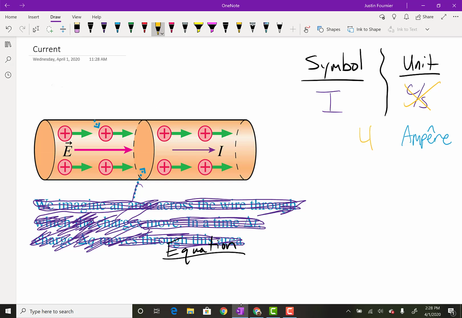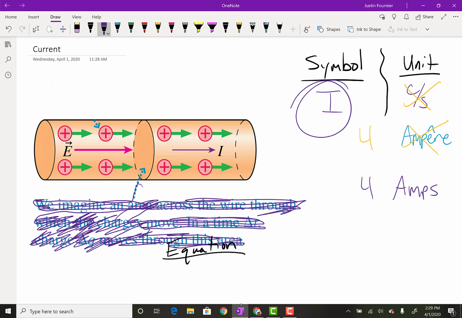So we say 4 ampere. Except, of course, nobody says ampere either because we've Americanized it since then. And we go, you know what? Instead of ampere, we're going to say amps. A-M-P-S, amps. So 4 amps. That's what we use instead, from the French ampere to amps. So amps is the unit of current.